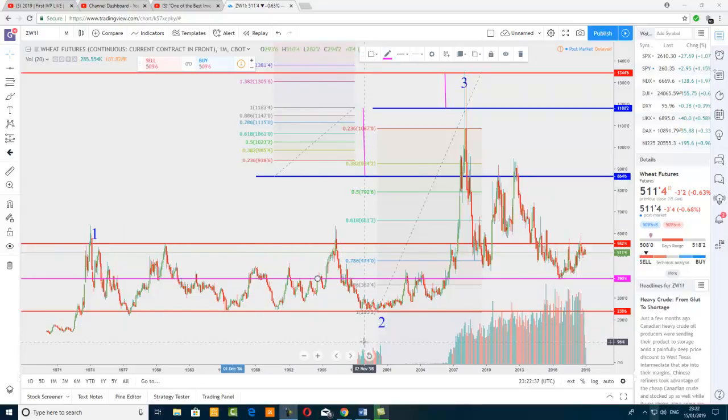So looking at my chart, before I forget, the wheat commodity was consolidating, and the top of the consolidation is at 552, right there. So people were selling at 552. The price was finding resistance at 552 for some time.